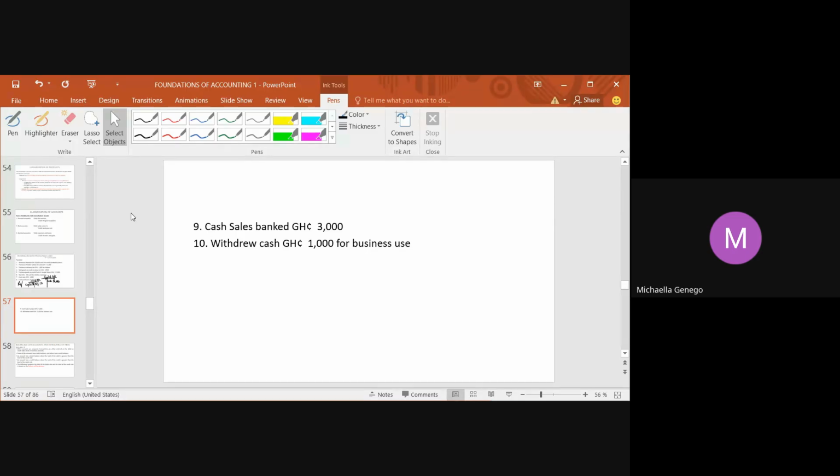So once we withdraw, that means it decreases our owner's equity or our capital. So what are we going to do to the drawings account? We are going to debit it. What did we say about equity, in the decrease and the increase?